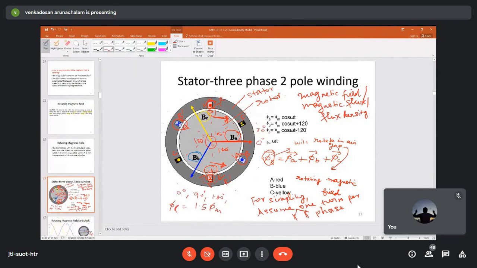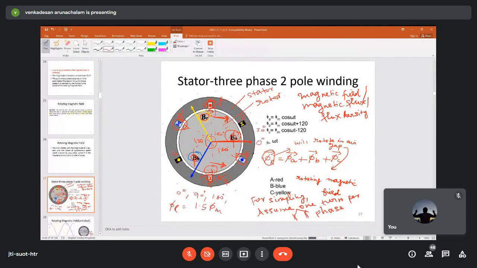So you will get the flux produced by each winding also 120 degree with respect to each other. Now you assume the flux, instead of taking flux density, you take flux itself: phi A, phi B, phi C. Either way, you can take flux density or flux. You take flux. So phi A, phi B and phi C. And you assume phi A is varying co-sinusoidally as phi m cos omega t.